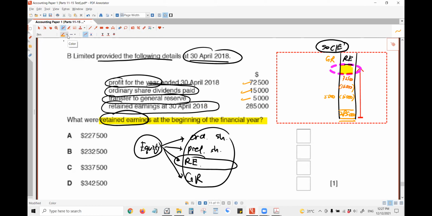Anybody wants to change answer? I found it.